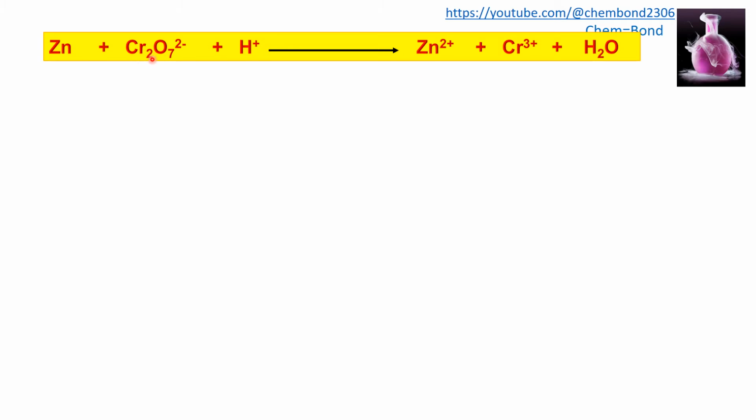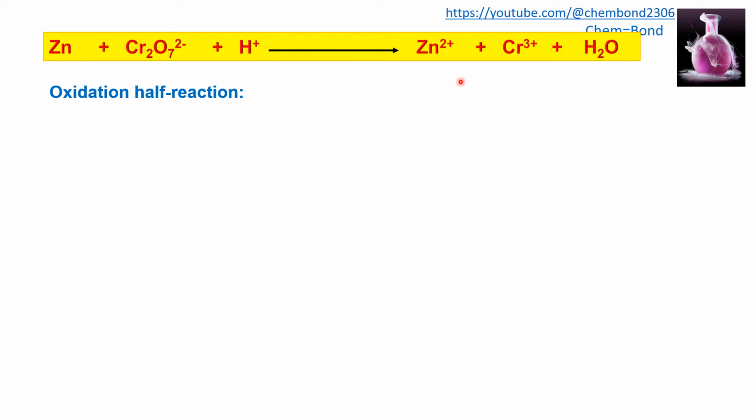If we look at the dichromate, here the chromium has plus 12, or each chromium has plus 6. From plus 6 it is converted to plus 3, which means that it will gain 3 electrons. So it is reduced. This will be the reduction half reaction.